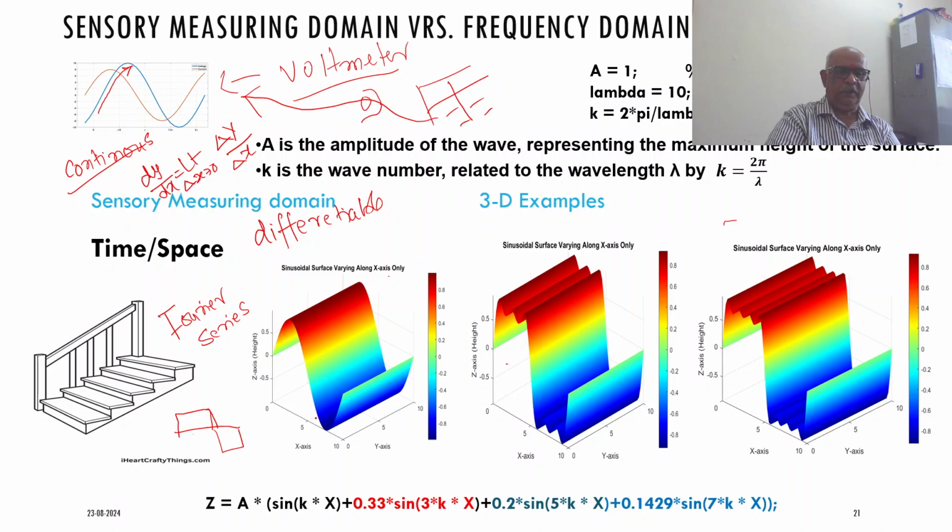If I plot a simple sine, just this value, what I get is this. When I add this term, sine 3, I get this, and what you can check here is there are three ripples. That's your triplet frequency, that's what we call it.